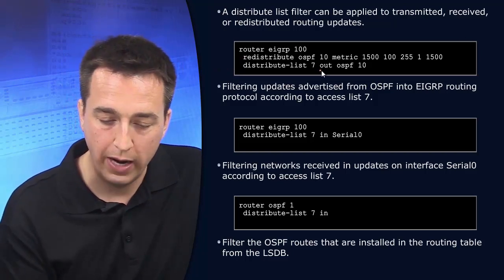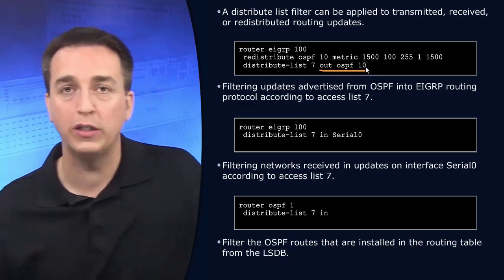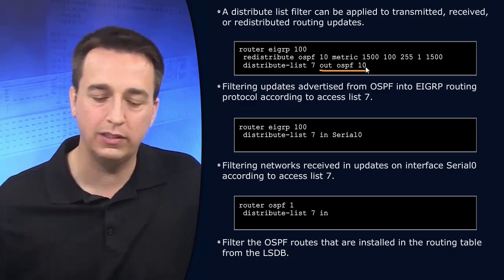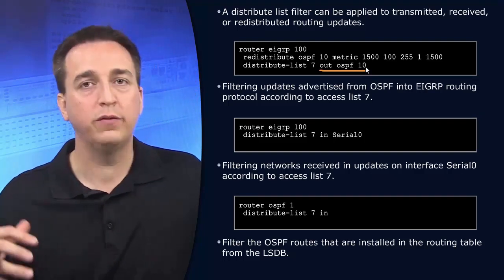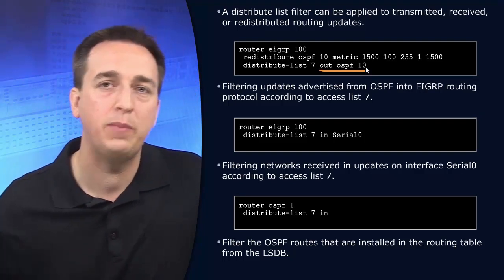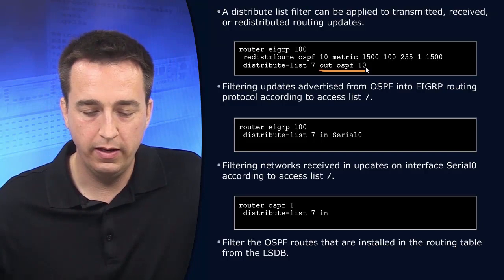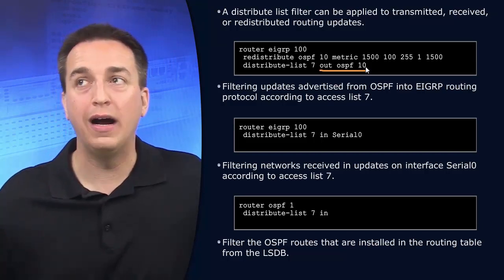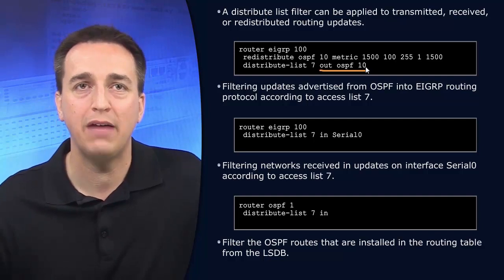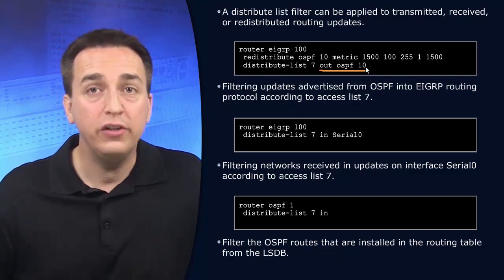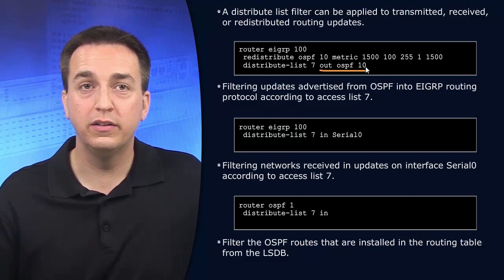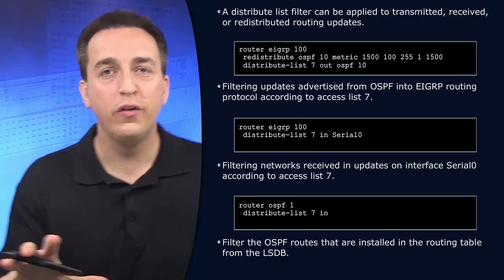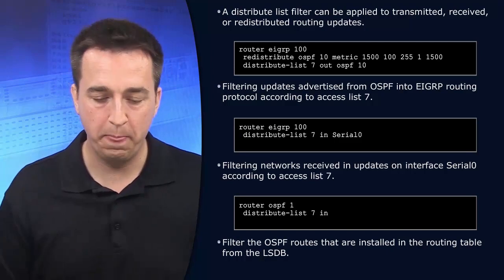So those routes that we're redistributing from OSPF into EIGRP, I know it says out, it's kind of backwards here, but as we are redistributing from OSPF into EIGRP, then we will only redistribute those routes that are identified in Access Control List 7. But we can use distribute lists for other purposes, folks. Not just for the redistribution process.